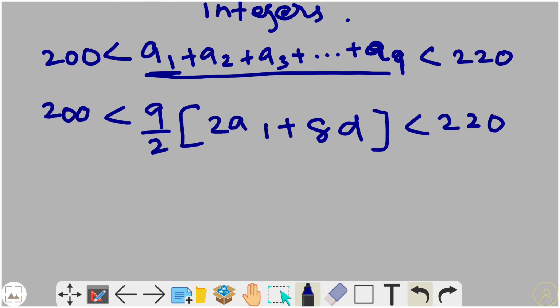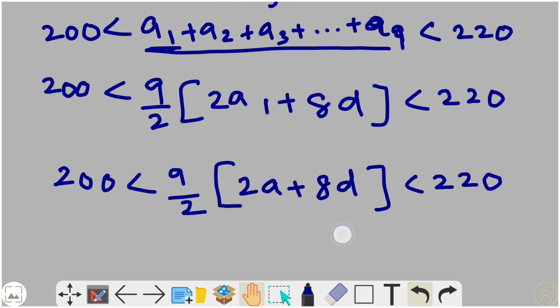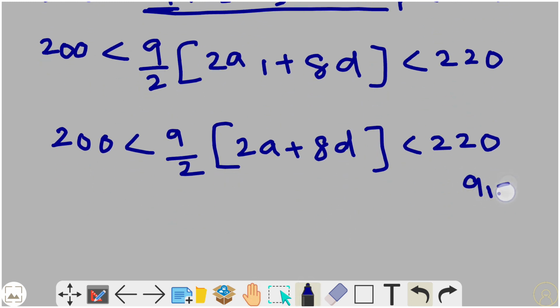So now 200 less than 9 by 2. Obviously we just take a1 as a, the first term, so 2a plus 8d, which is less than 220. a1 equals a, we all know that.